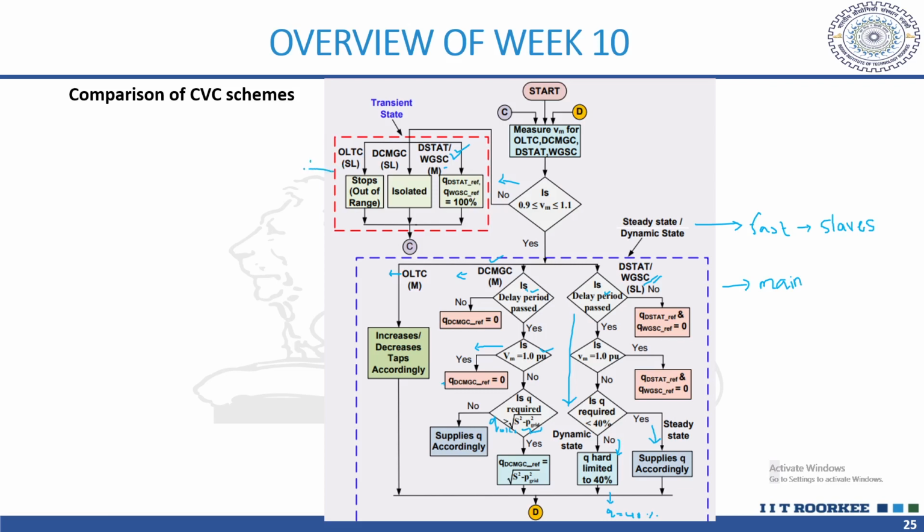But here, voltage is not maintained, meaning Q is required at an urgent level. So the master devices are the faster devices. Immediately you require the Q support. Hence the STATCOM is a master here while the OLTC is a slave for the transient state.